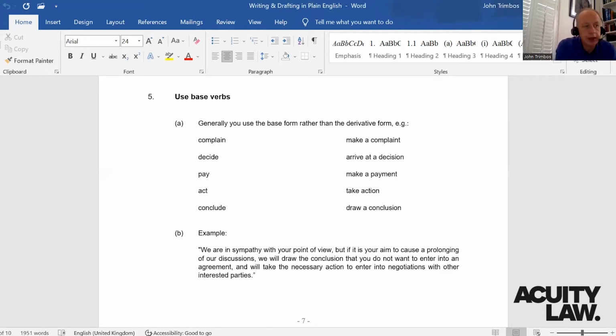So if we take out the derivative forms and we put in base verbs, well, first of all, the sentence will be much more towards the 25-word mark, so much more acceptable sentence length. But this will be a lot stronger as well. And yeah, as you write, think about the verbs that you use, because we could, I suppose, start off with we sympathize with your point of view. But it's a bit nice, isn't it? You know, you could use a different verb.